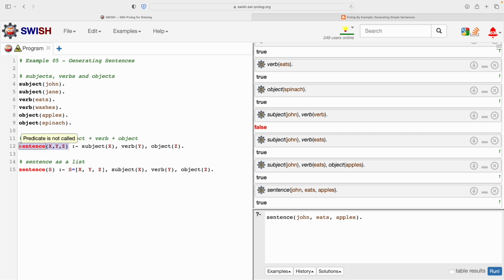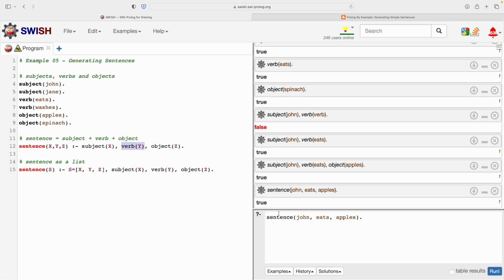So the head is true if the body is true. And so Prolog's next task is to test each part of the body, each of these goals. Subject X, and X here is John, which is true.